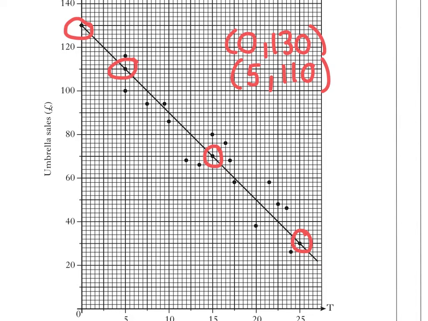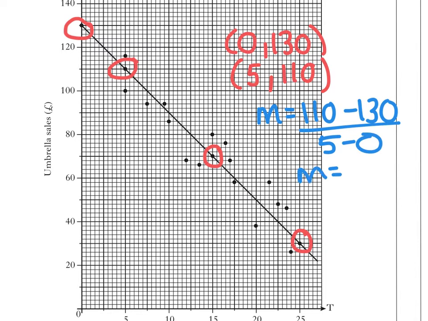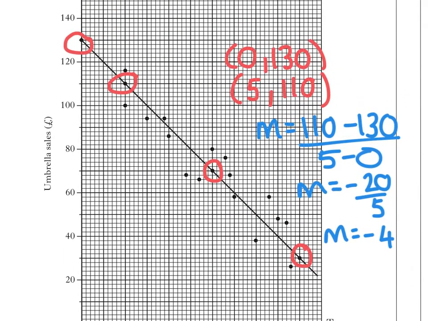Okay, so my gradient from there, now sorry I'm writing all over this, so my gradient is 110 minus 130 all over 5 minus 0. So that gives me minus 20 over 5, which is minus 4. And that matches because it is a downward sloping line. So minus 4 is okay for a gradient. Now if you look, they have given you the C value in this one.